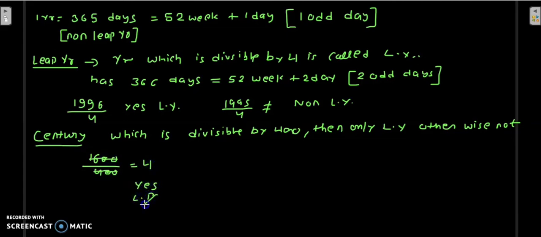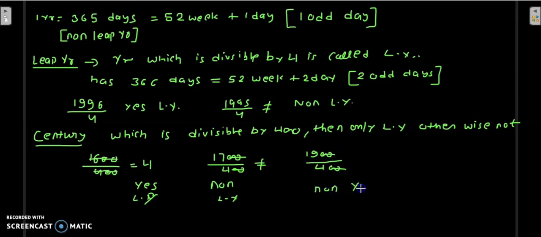When we talk about 1700 divided by 400, it is not divisible, so it is a non-leap year. Similarly 1900 is also a non-leap year when we divide by 400. Understood? Keep in mind, don't just see double zero at the end and say this is a leap year. If they are not divisible by 400, it means non-leap year.